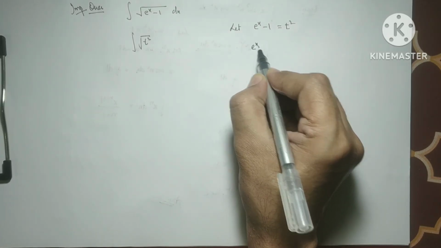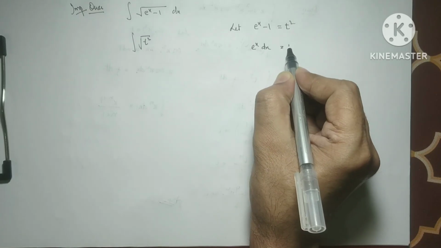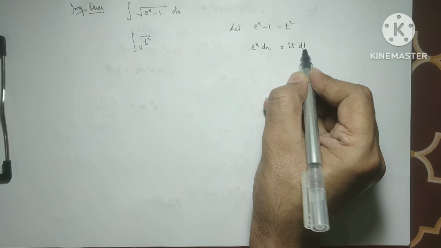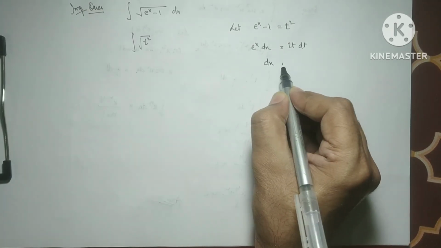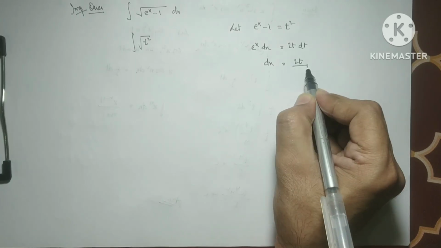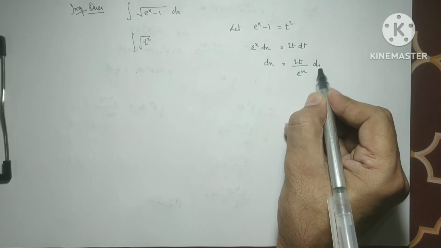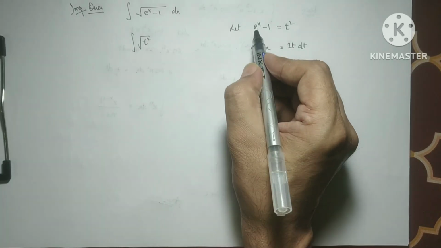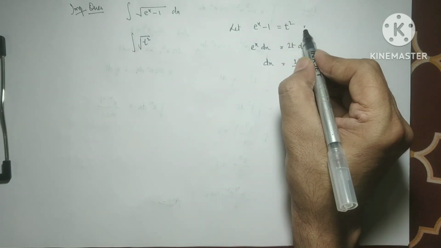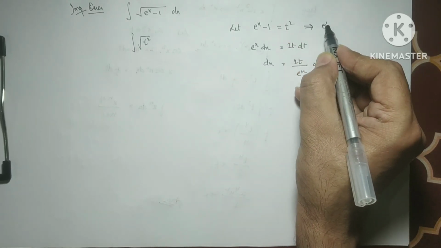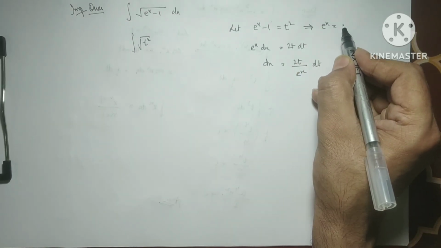It is e to the power x dx equals 2t dt. So dx equals twice t over e to the power x dt, and the value of e to the power x from this expression will be e to the power x is t square plus 1.